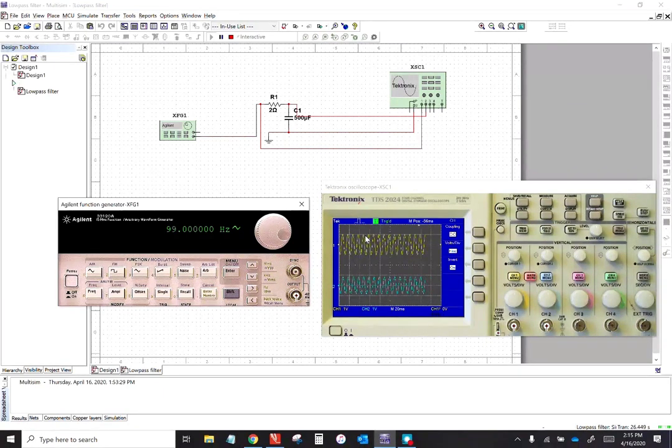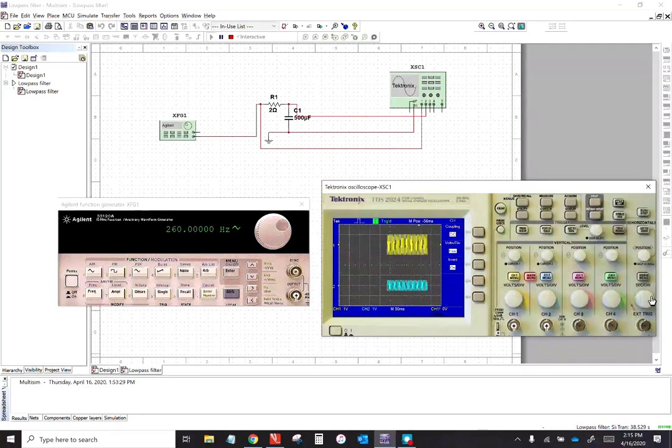Notice the input amplitude is not changing. The input frequency changes, the output frequency tracks the input frequency, but notice the output amplitude starts dropping. And as you continue to increase in frequency, you notice definitely that the output amplitude is dropping. In other words, the amplitude of the output is a function of the frequency of the input.